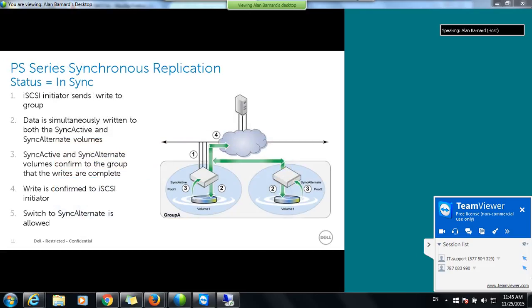So this is how it works in general. You have your iSCSI initiator in here, right? And then it starts writing. It needs to write to both of your volumes in a pool. Then it will send acknowledgement back.